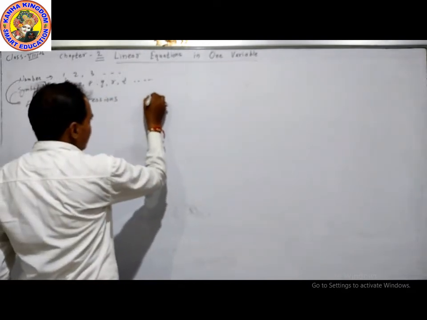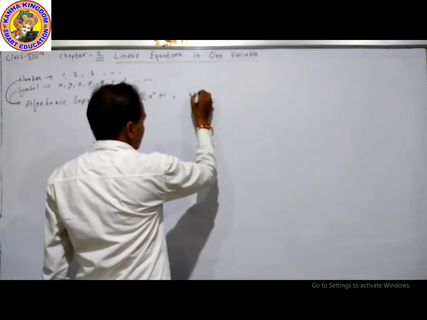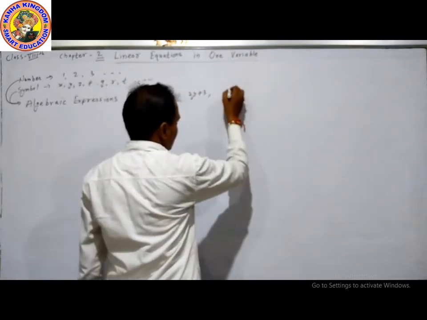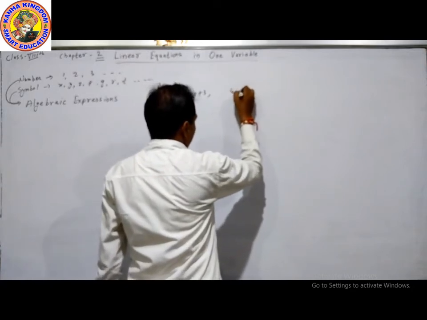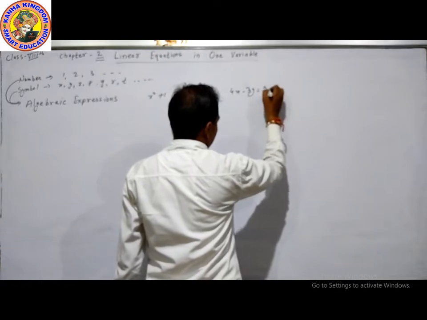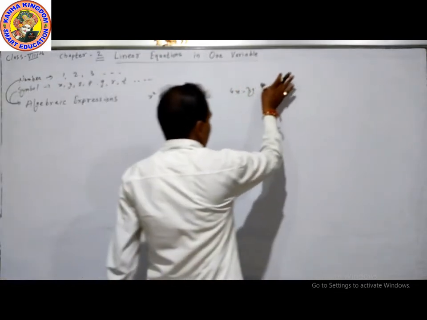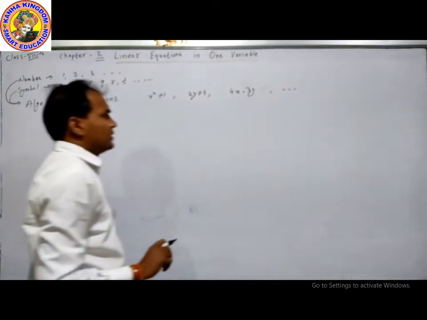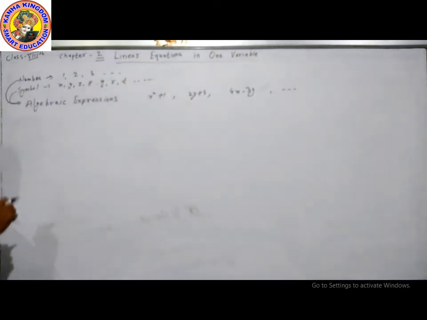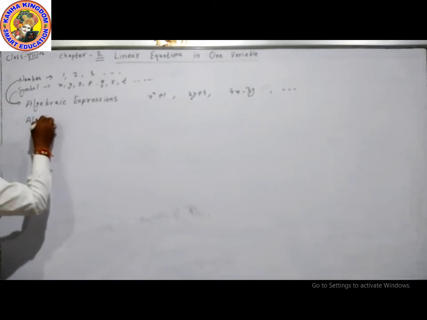For example, x square plus 1, 2y plus 3, 4x minus 3y is equal to 9, and many more. These are algebraic expressions, and another word is algebraic equation.